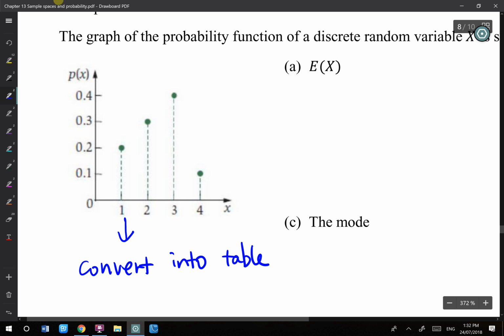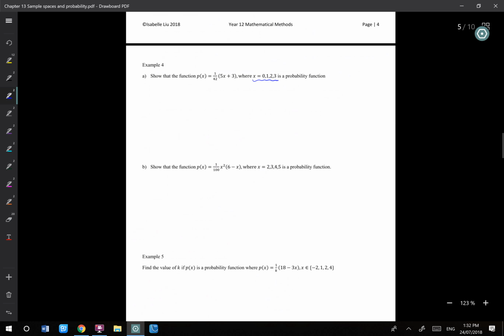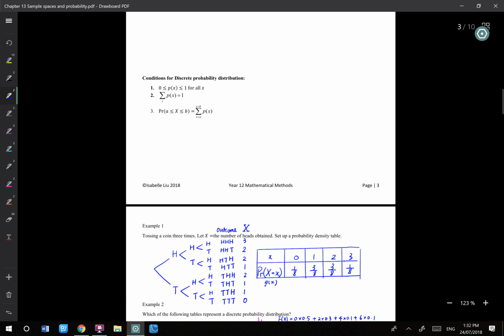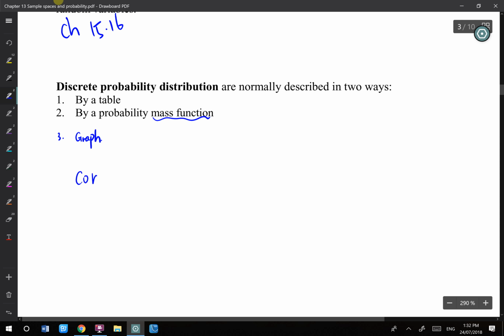When X equals 1, you have probability 0.2. When X equals 2, probability equals 0.3. When X equals 3, probability equals 0.4. And when X equals 4, probability is 0.1. It doesn't matter, because every discrete probability distribution, I will convert into a table first.